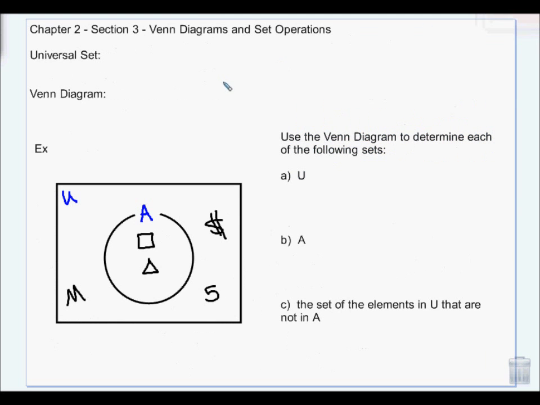Now, okay, we have sets and we can do Venn diagrams to do set operations, okay? And so the universal set is a general set.